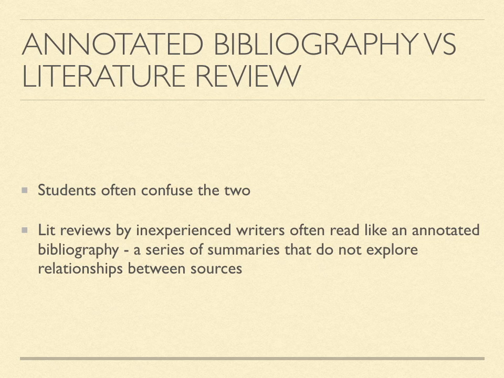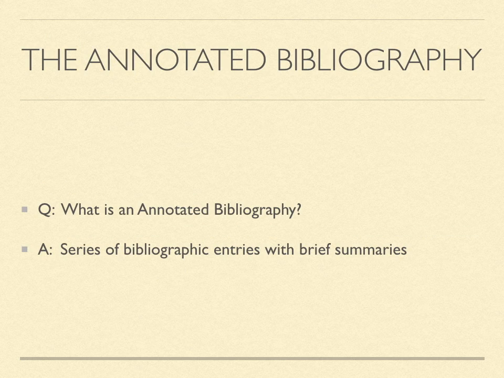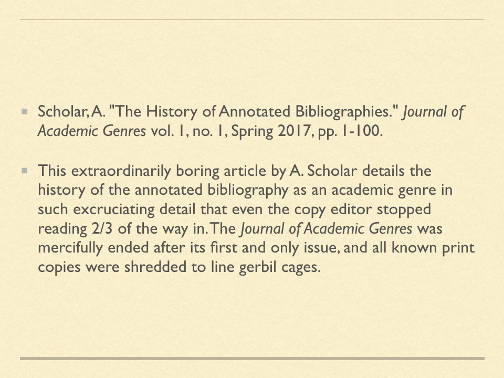That, however, is an annotated bibliography. At its simplest, an annotated bibliography is a series of bibliographic entries and brief summaries. How those summaries are set up depends on the discipline and the purpose of the bibliography. But in general, I teach my students that there are 4 main jobs for the summary to do.